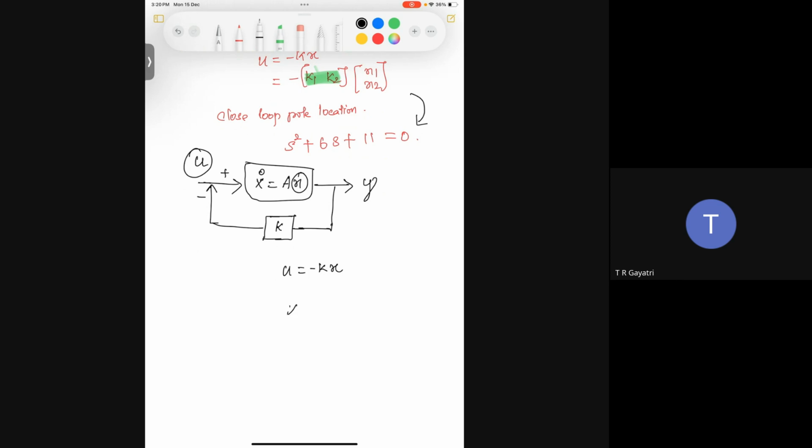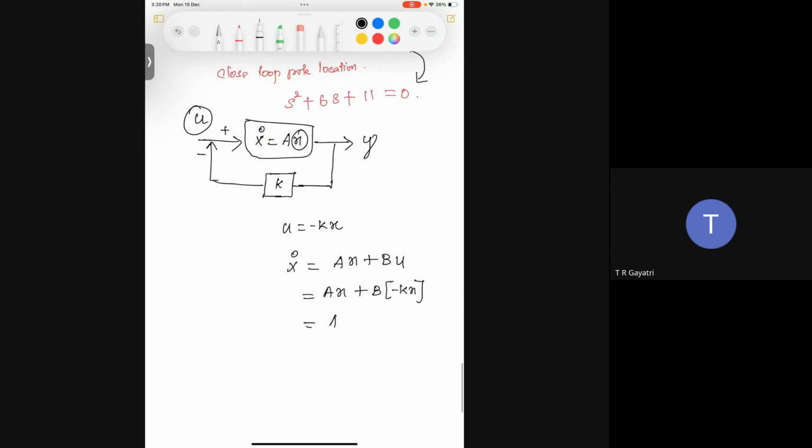So x dot equal to Ax plus Bu, where u is again minus kx. Then overall your system will look like A minus BK into x. This x dot has now changed from Ax to x dot equal to A minus BK into x. So this is the additional term in your system now.